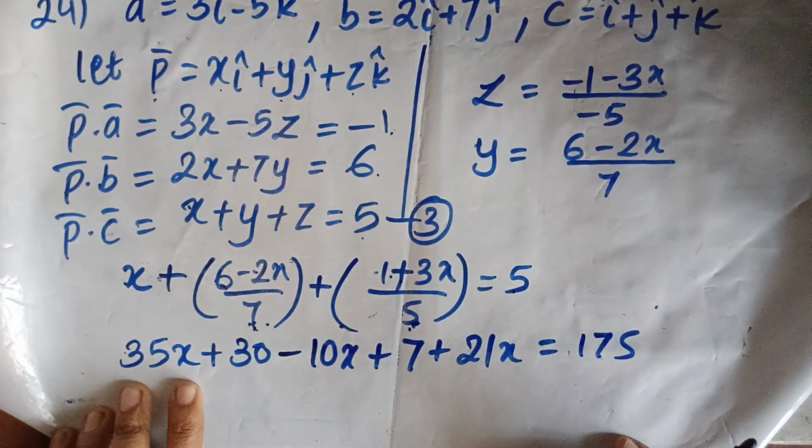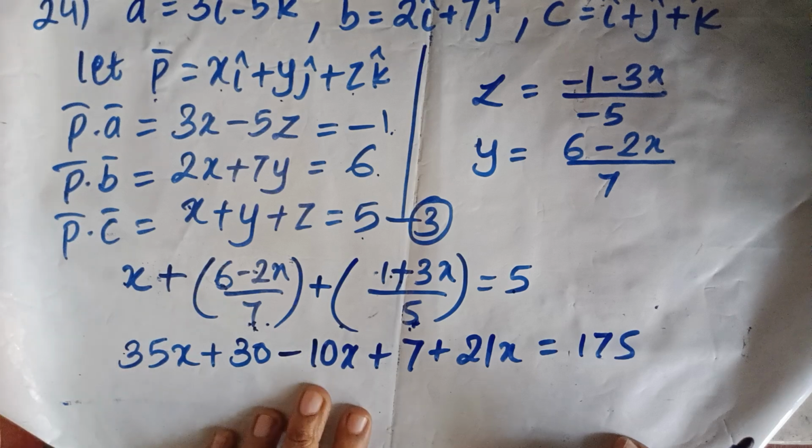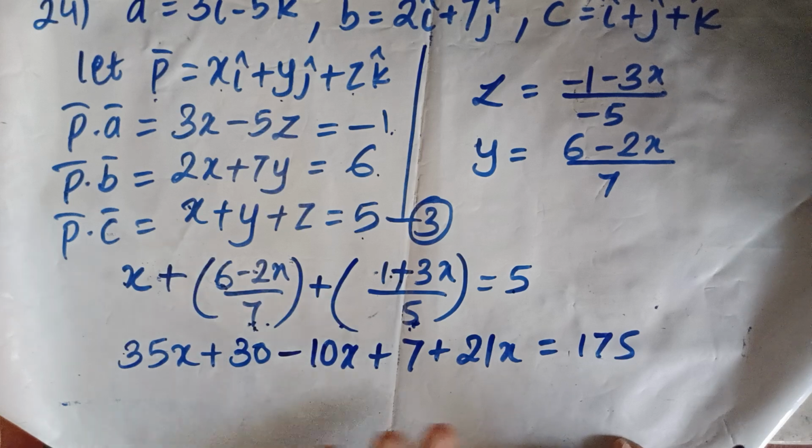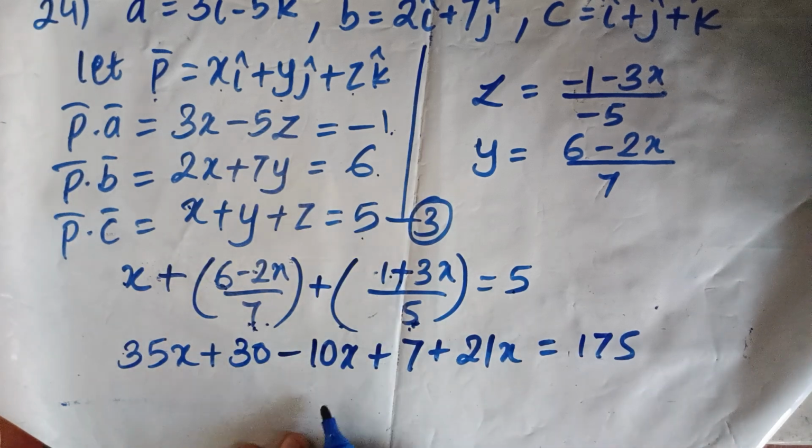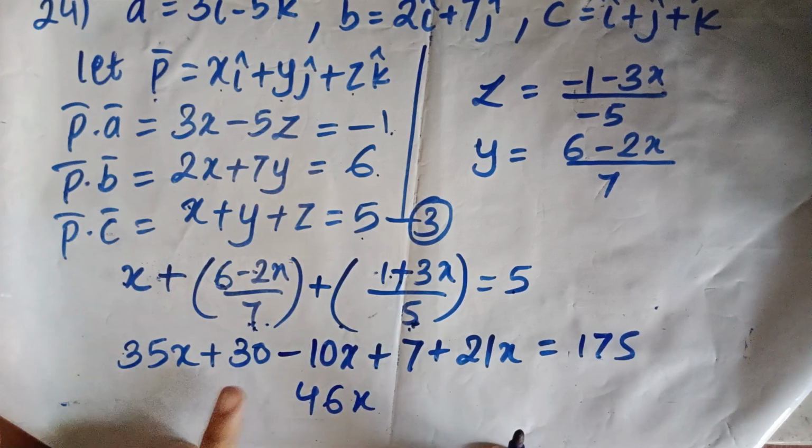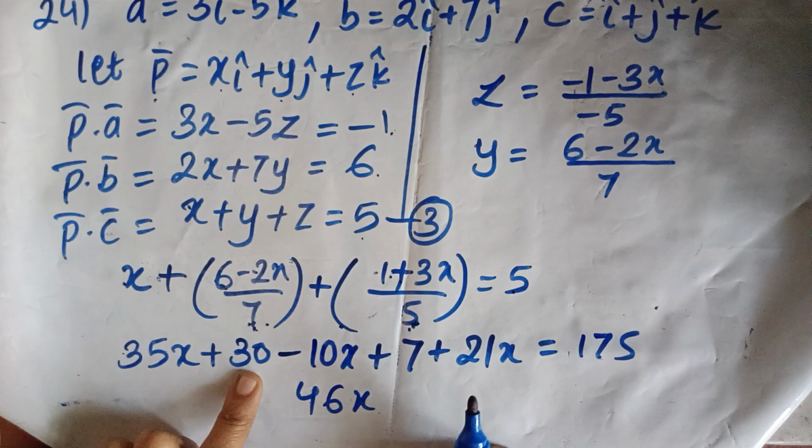35x minus 10, 25x, 25 plus 21x, then 37.